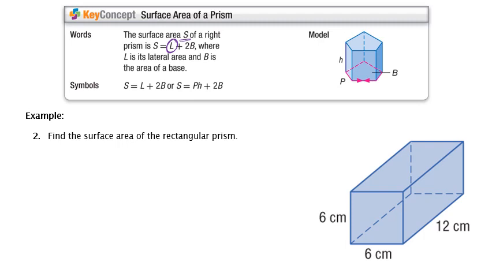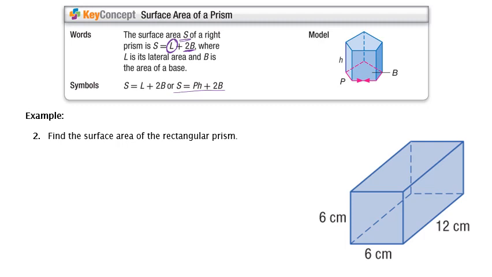We've got to find the area of our base, but there are 2 of them, so we have to multiply whatever that is by 2. We can also represent that without L. You can say that surface area is also just equal to the perimeter times the height plus 2 times the area of the base.